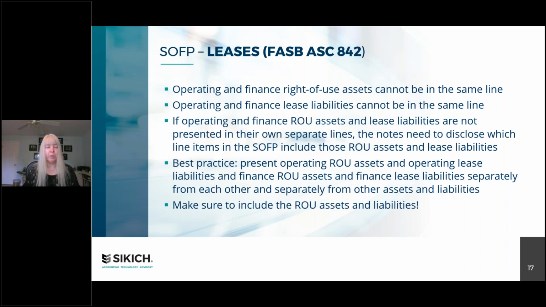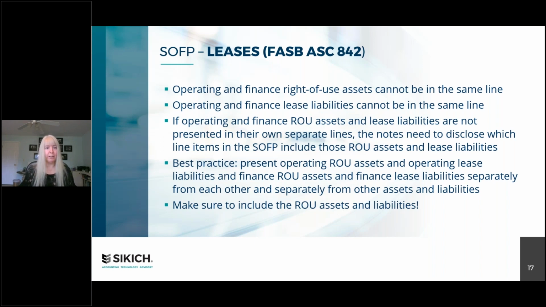Likewise, if your lease liability is commingled with other liabilities in the statement of financial position, you need to disclose that. Just keep in mind, it's allowable to group what were capital leases and are now finance leases. So if you have those grouped with property and equipment, that's okay, but you have to disclose it. And you need to make sure that you're not also grouping the operating assets there. They can't be in that same line.